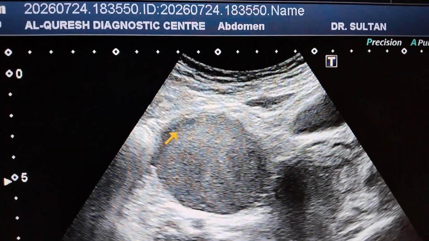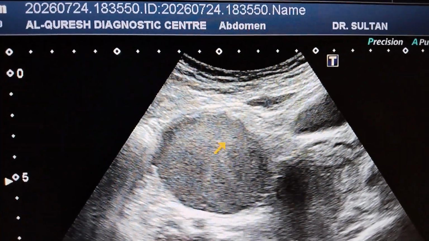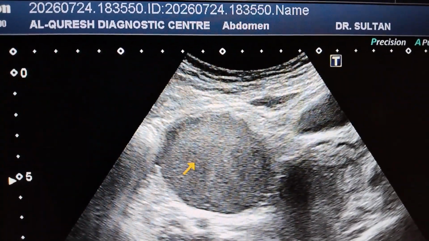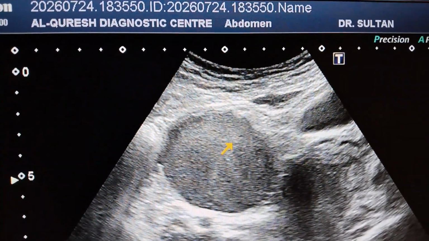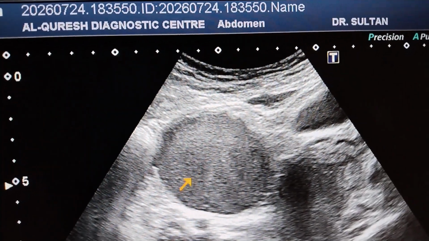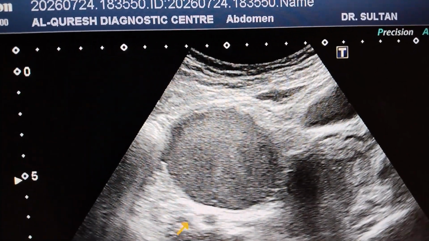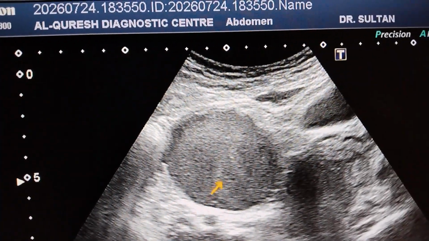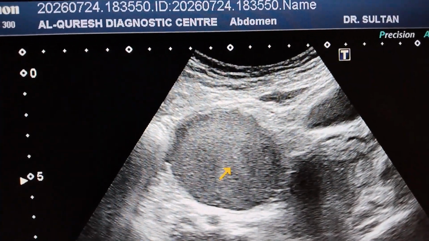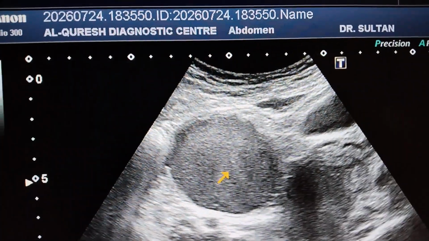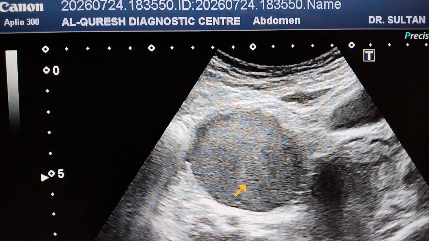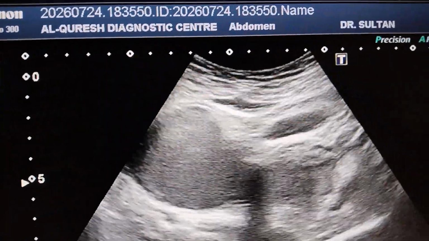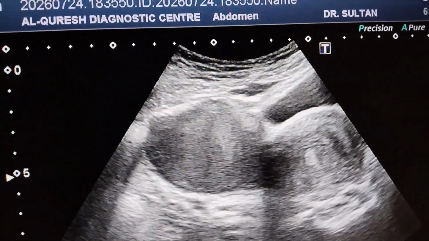Here we can appreciate these echoes are completely filling this cystic lesion, and this lesion is giving posterior acoustic enhancement, and this lesion is located at the right adnexal region. So now we are going to see it in a real finding.